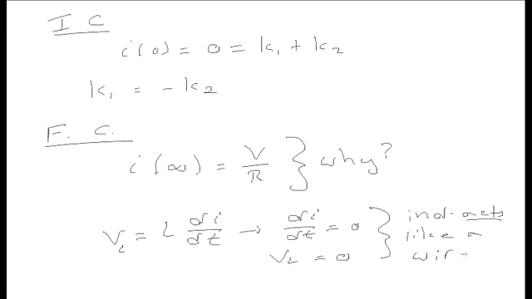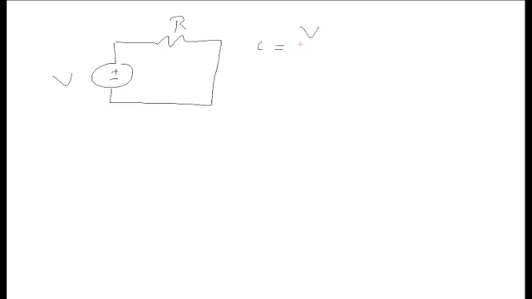It behaves as though it's just a regular wire, no voltage across it, passing current through. If that's the case, then when I redraw this, after a very long time, that's the circuit I get. And the current in it is V over R.